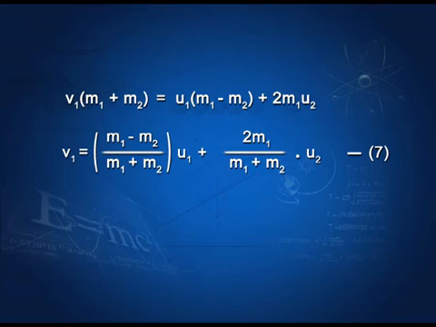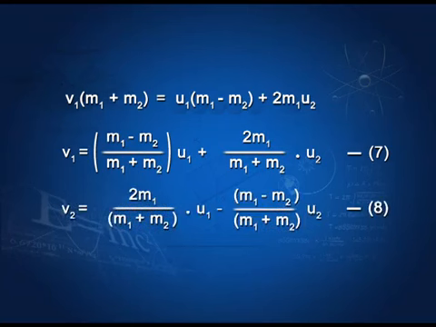Let us say this is our equation 7. Similarly, we could write the value for V2, and that would be 2 m1 upon (m1 plus m2) into u1 minus (m2 minus m1) upon (m1 plus m2) into u2, and say this is our equation 8.